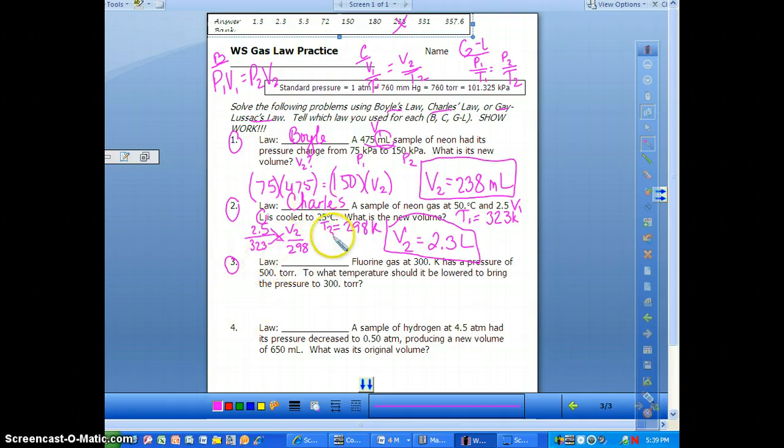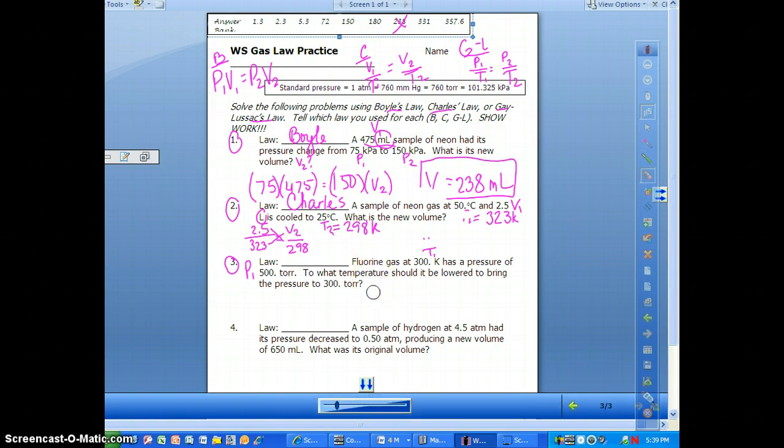And one more, number 3. I am going to go ahead and erase this so that I have some room to write. We have fluorine gas at 300 Kelvin. That's our first temperature. It is already in Kelvin, so we won't have to convert. It has a pressure of 500 torr. That's P1. To what temperature should it be lowered to bring the pressure to 300 torr?